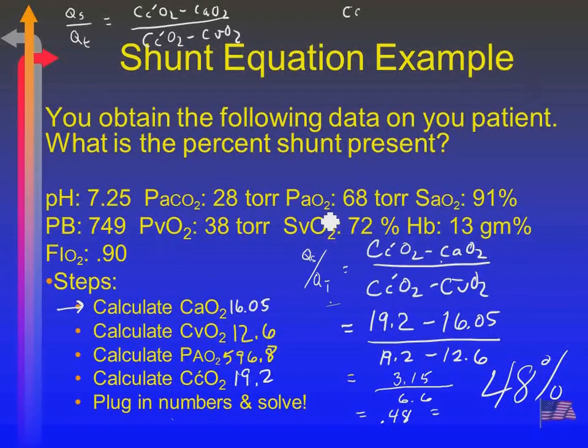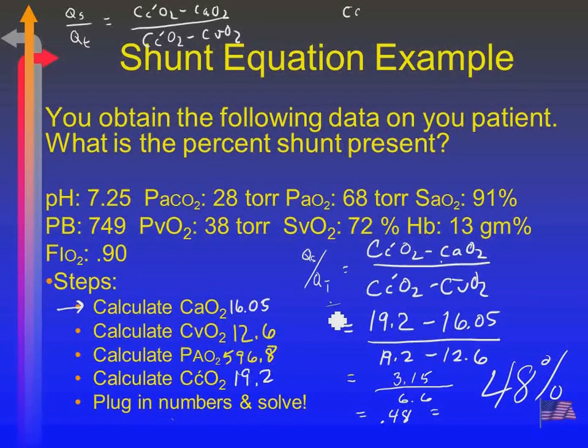If I were to look at my AA gradient, 596.8 minus 68, 530. Ouch. If I were to look at my AA ratio, 68 divided by 596.8, very small number. If I were to look at my PF ratio, that'd be bad too.